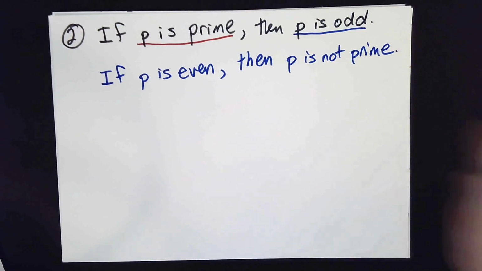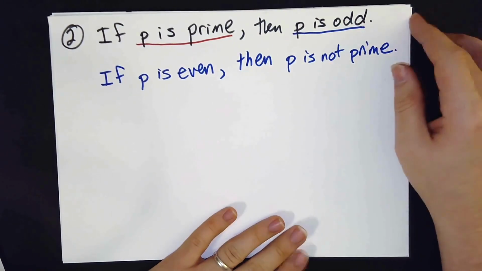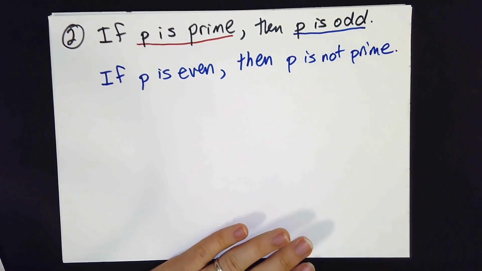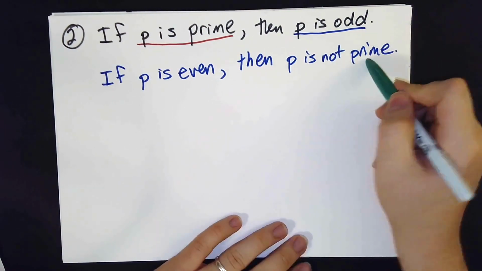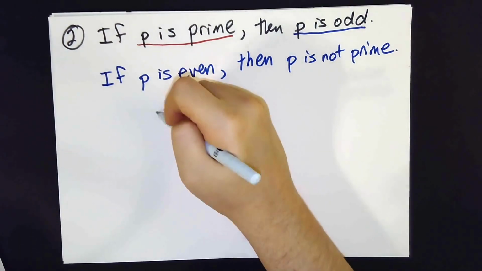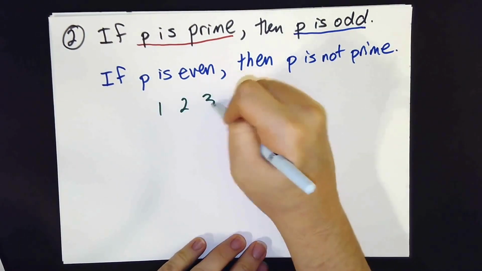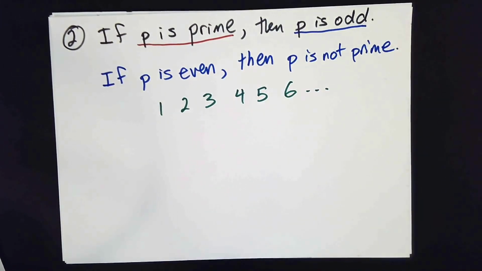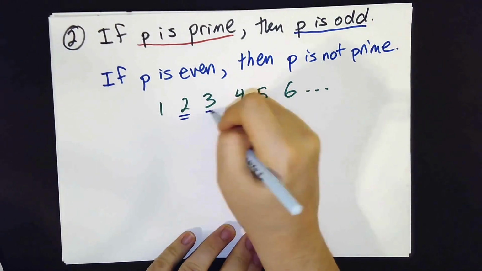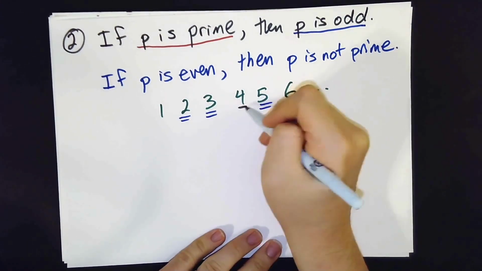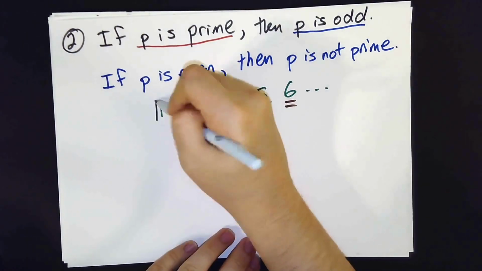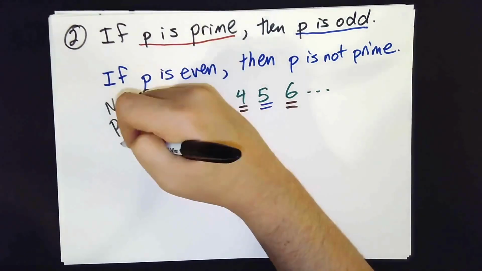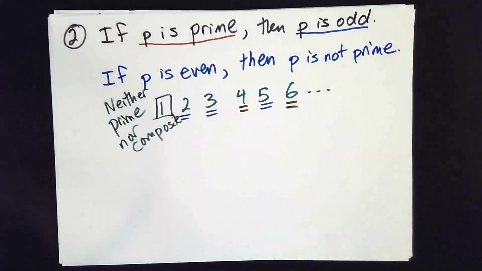Now, why am I saying not prime instead of composite? The reason is that if we look at the positive numbers here, these ones are prime, these ones are composite, but one is annoyingly neither prime nor composite.